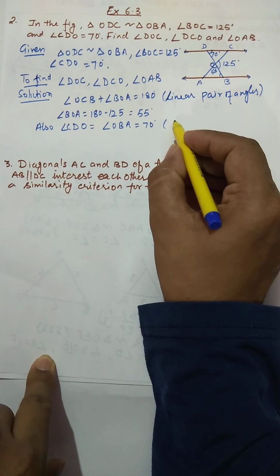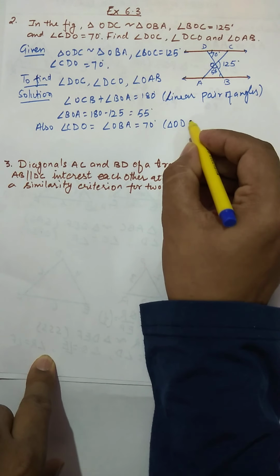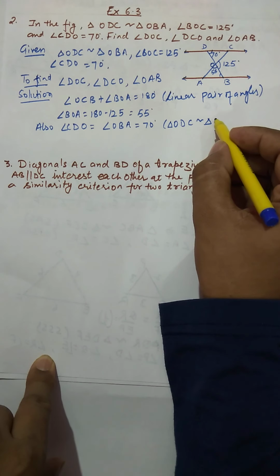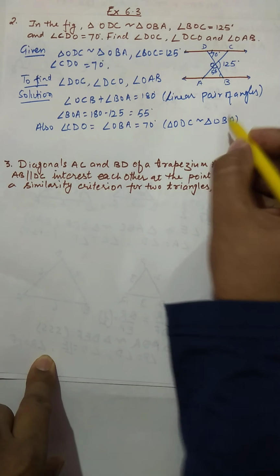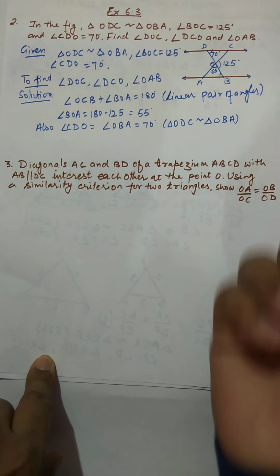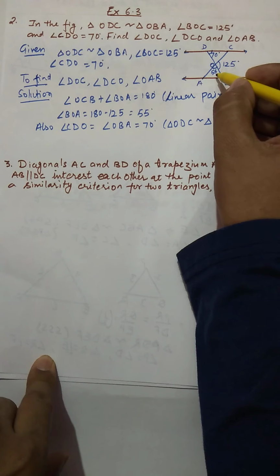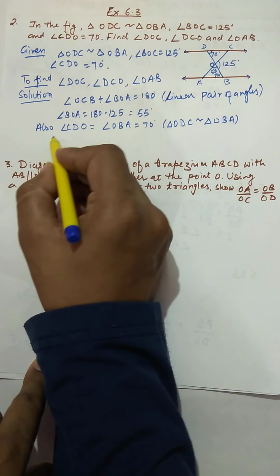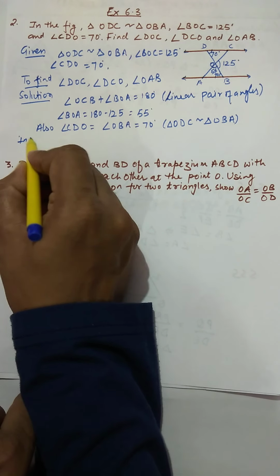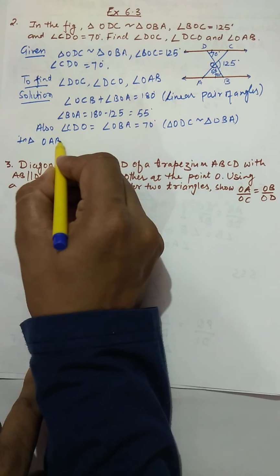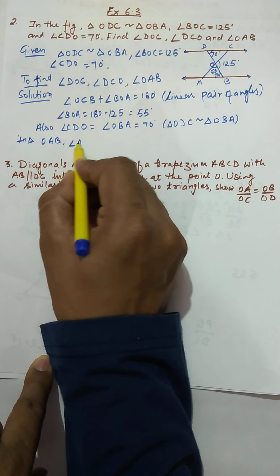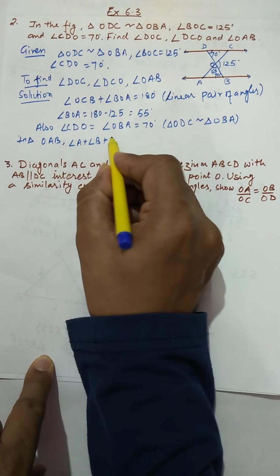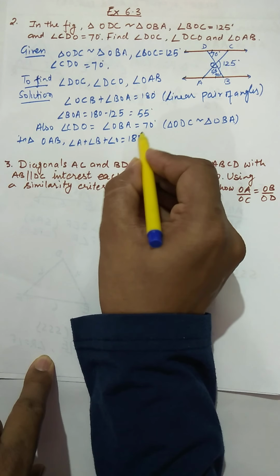Reason you may mention that triangle ODC is similar to triangle OBA is given, so we can find this. OB has come to us. Now this is 70 degree, so with the help of angle sum property we can find in triangle OAB, angle A plus angle B plus angle O is equal to 180 degree.